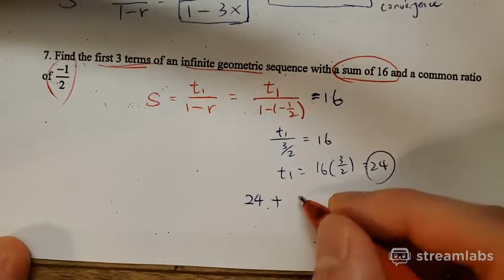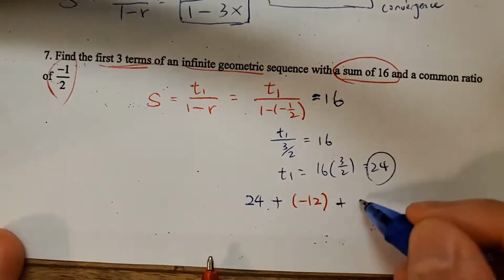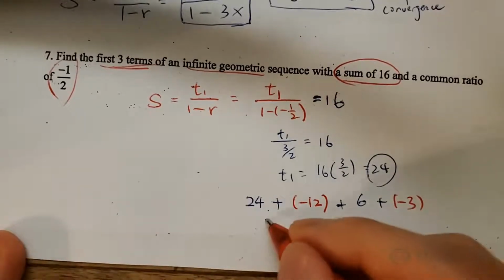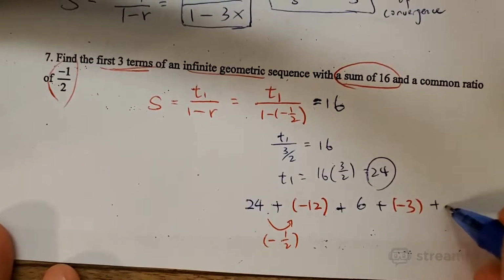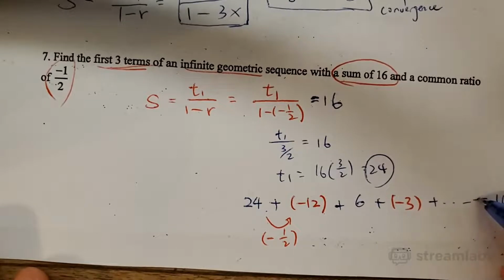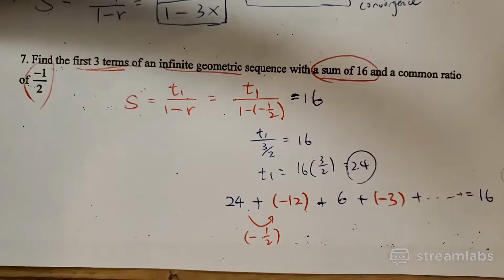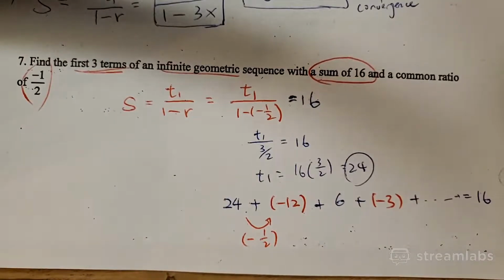So that times negative half has to be negative 12. The next one will be positive 6, and the next one will be negative 3, because your ratio is negative 1/2. And then you keep going, and the answer to the sum is 16, basically. Is that okay? So knowing from the information they give you, that's what I get.